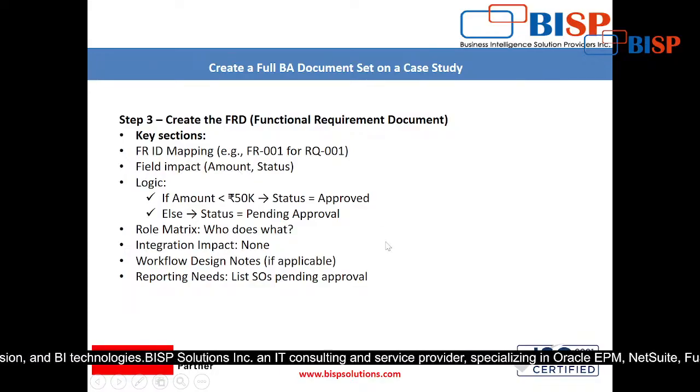Now role matrix, you have to write the role matrix. In this complete process, who does what? That means how many people are involved in it. Now all in all, if you see from the top overview, what this slide is saying is what is being done for which requirement, what fields are impacted, and which roles are involved in it.